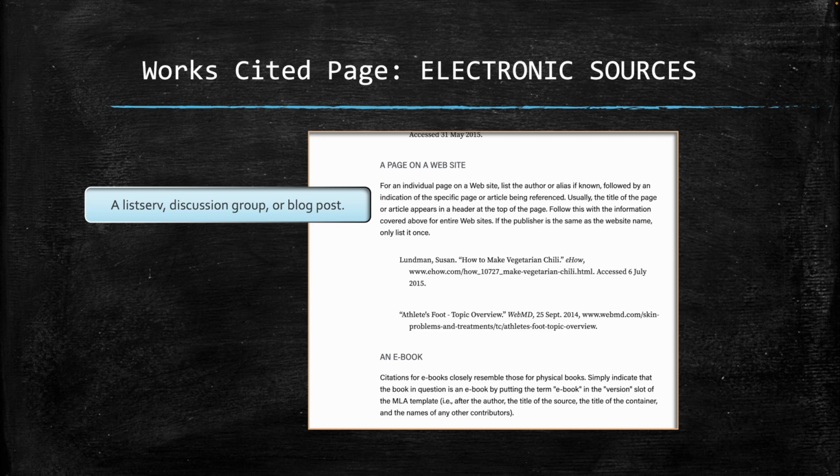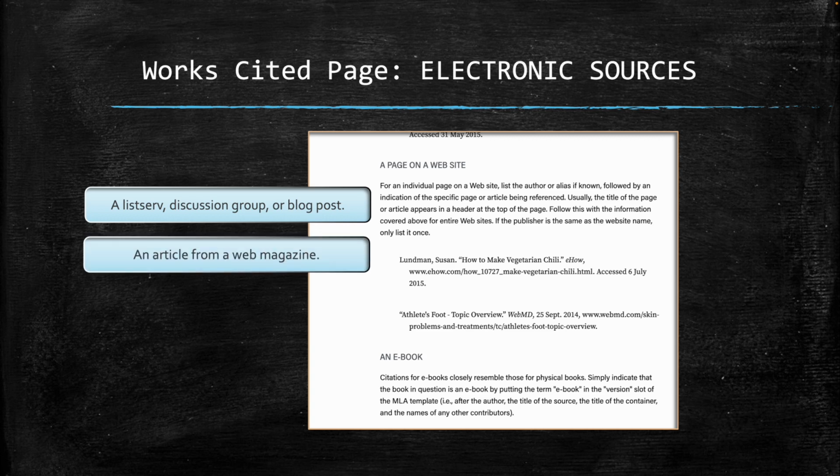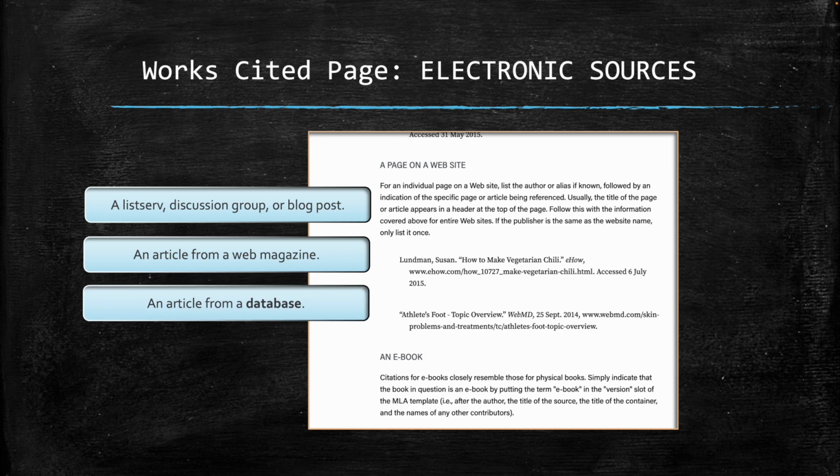For example, a listserv, discussion group, or blog post, an article from a web magazine, that's something that students commonly use, and then finally an article from a database. And this will be the most common type of electronic source that you use as a college student. So it's really important that you understand what a database is and how to format material that you retrieve from a database.